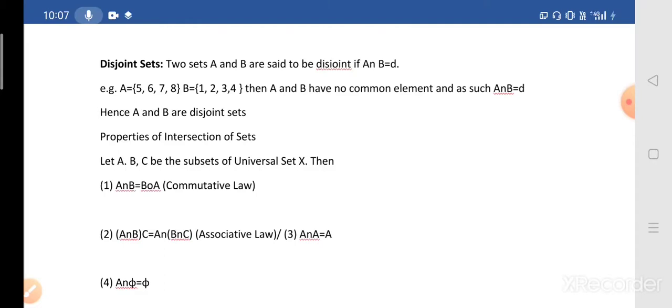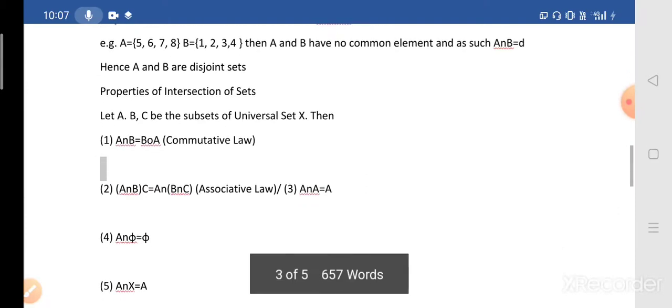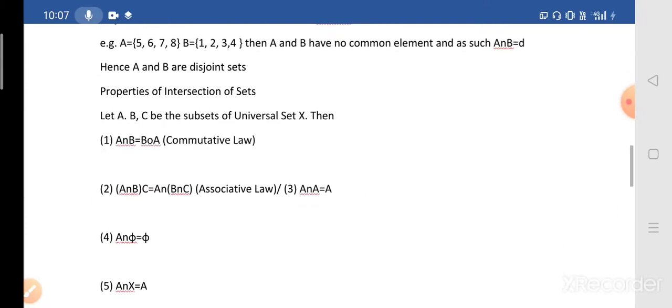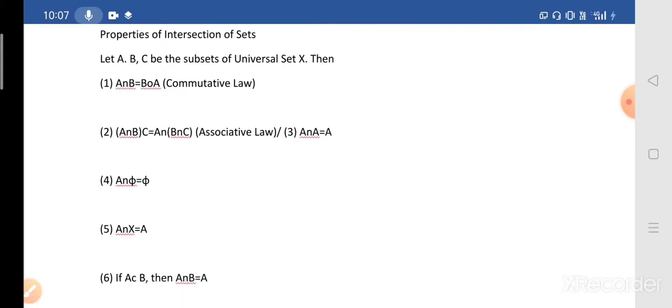Properties of intersection of sets. Consider A, B, C as subsets of the universal set X. Then A intersection B equals B intersection A, which means the commutative law is satisfied by the intersection operation. The associative property is also satisfied.